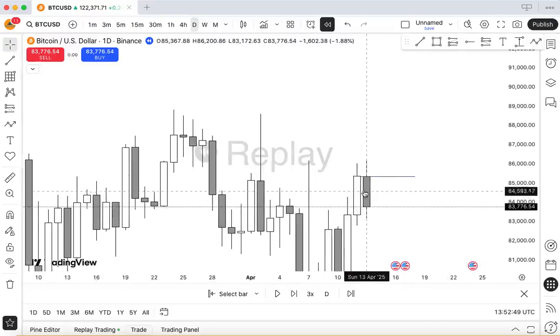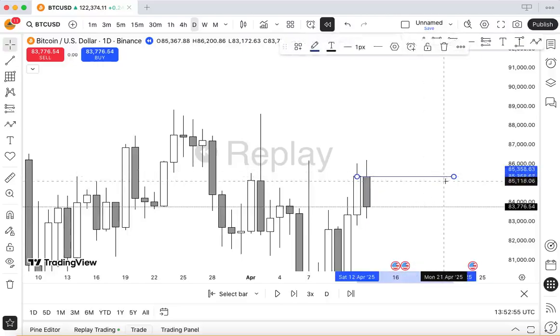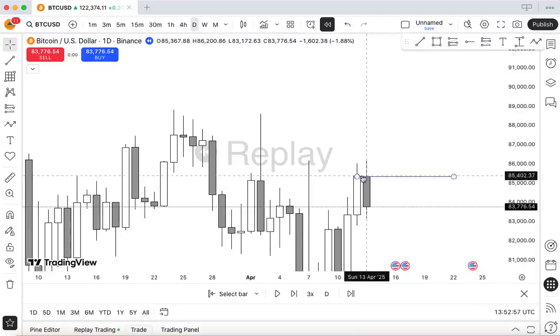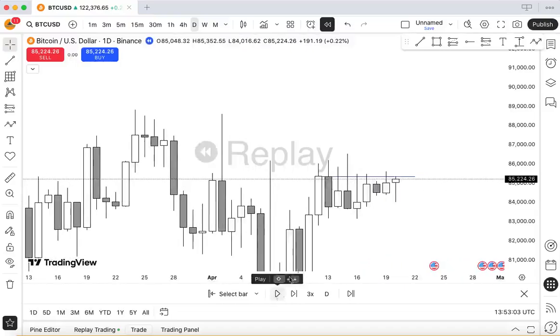Thank you. So once it is broken, it is an RBS. It is resistance broken becomes what? Support. And you can clearly see the more price went, the first candle didn't, the second didn't, the third didn't, fourth, fifth, sixth, seventh, and so on.